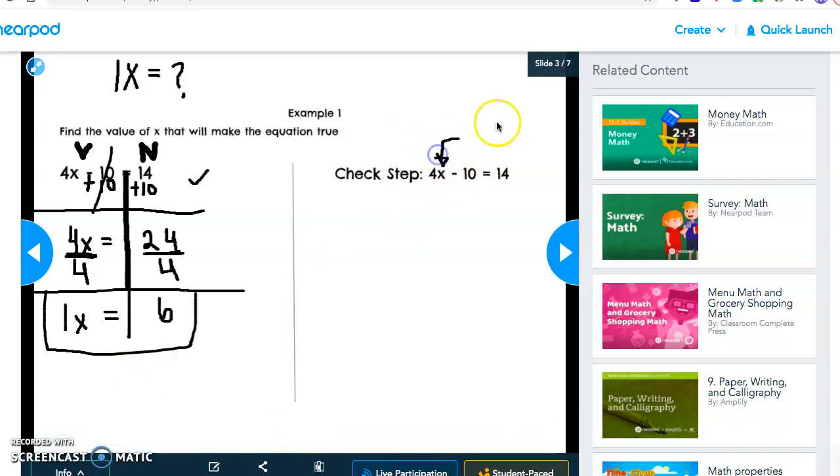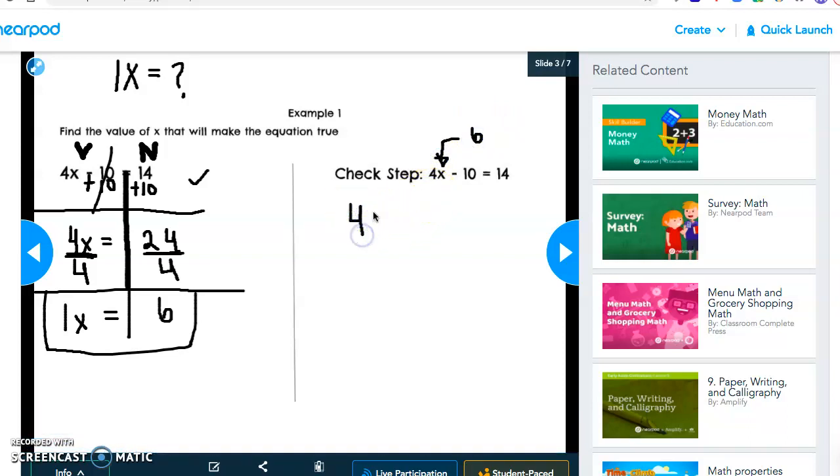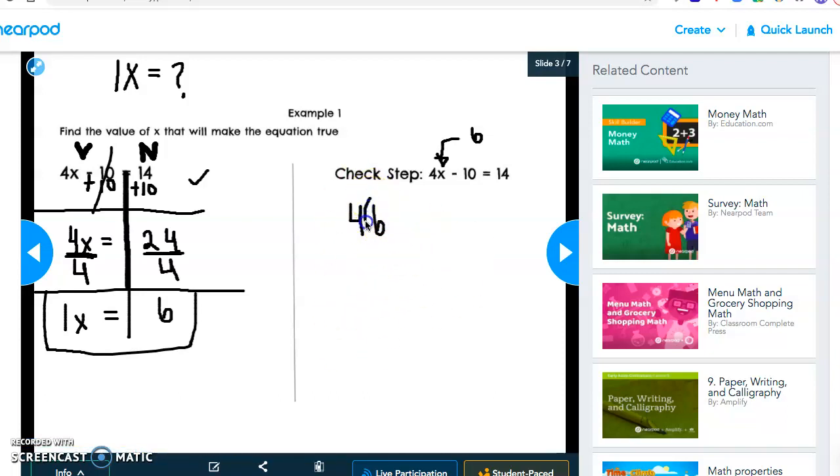So I'm putting in 6 for x. So this would be 4. Now if I just put 46, well, that isn't going to work because that just looks like 46. So that's why we put parentheses to show that it's multiplication. 4(6) minus 10 equals 14.